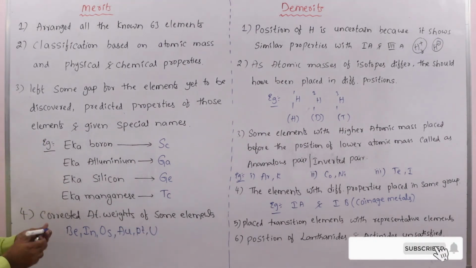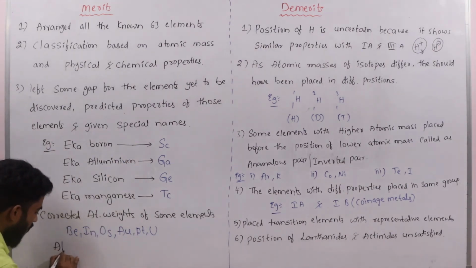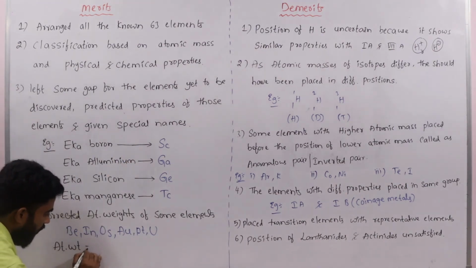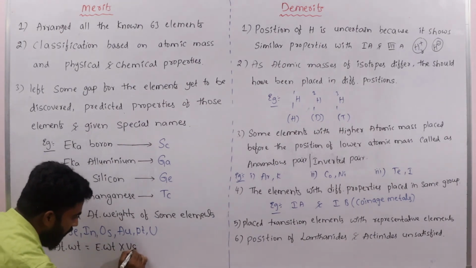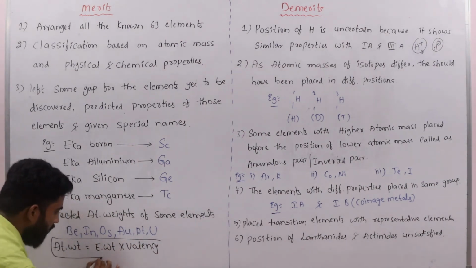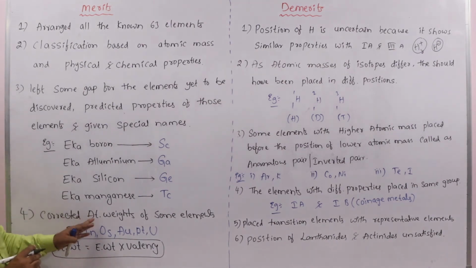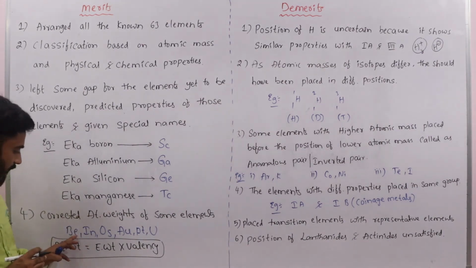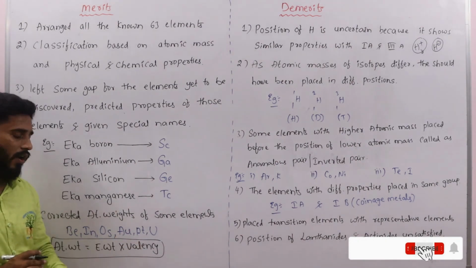By using valency, with atomic weight equal to equivalent weight times valency, he corrected the atomic weights of these elements.